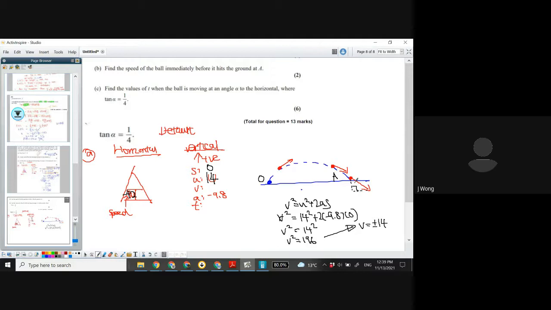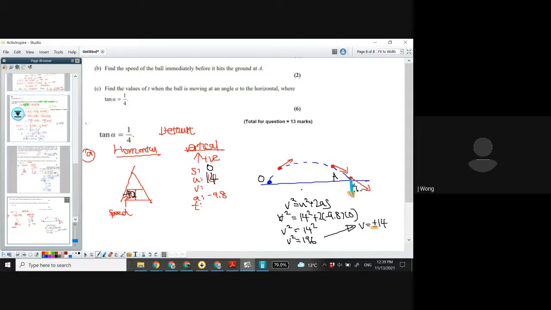Now, this time, which one should I pick if I want to indicate the vertical speed here? It has to be minus 14, because I'm going downwards in this position. The minus contributes to the direction of the arrow.